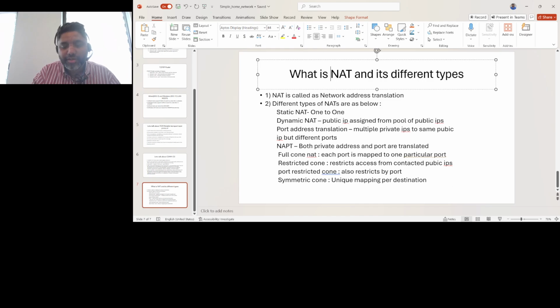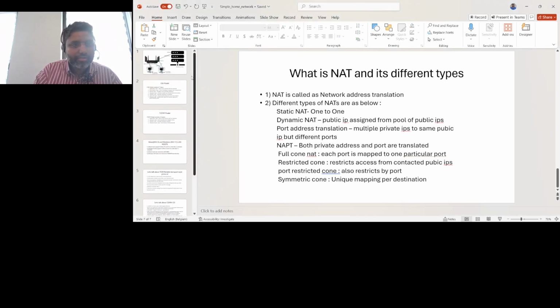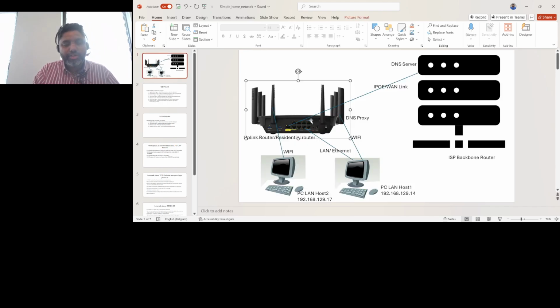I will add the residential router diagram, or I can show you here. So whichever diagram that I've highlighted, the router with the antennas, is called the residential router. This residential router translates the packets from a private address to a public IP address.